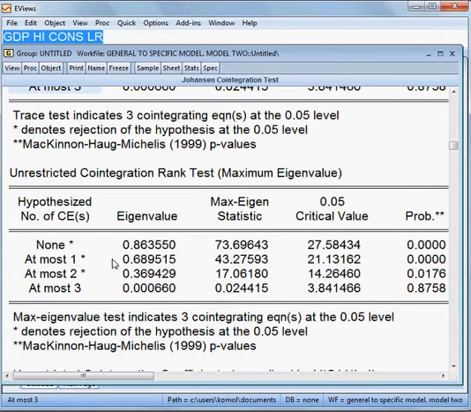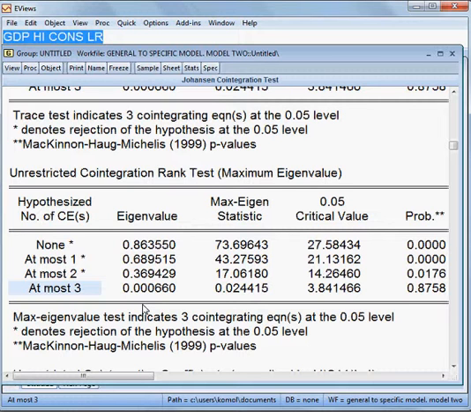And here is also the same story. The first, none, I can reject, second one I can reject, third one I can reject, but the fourth one I cannot reject, meaning that there are three co-integrated equations.